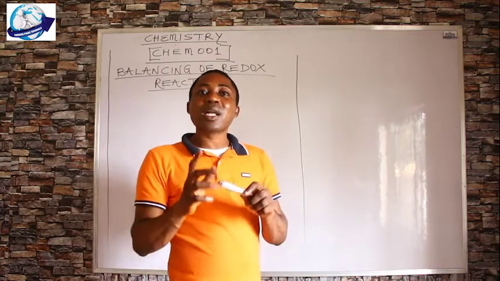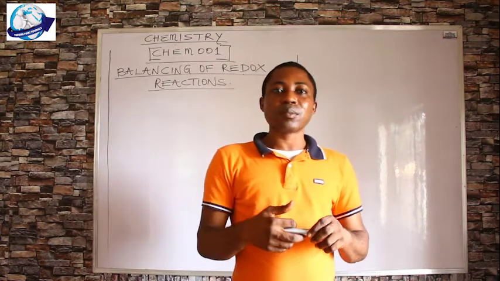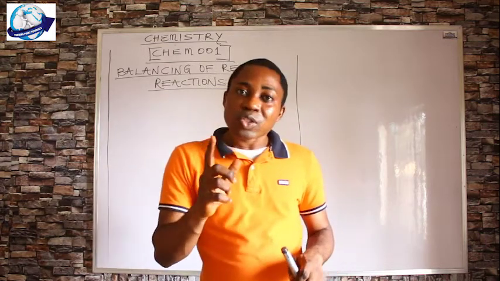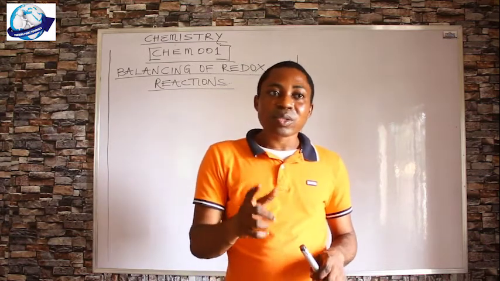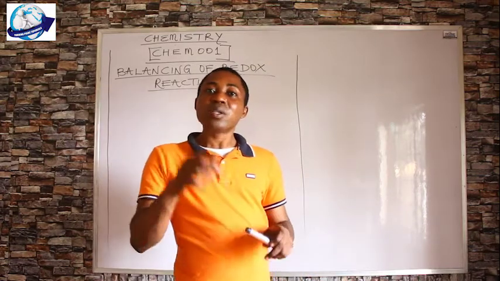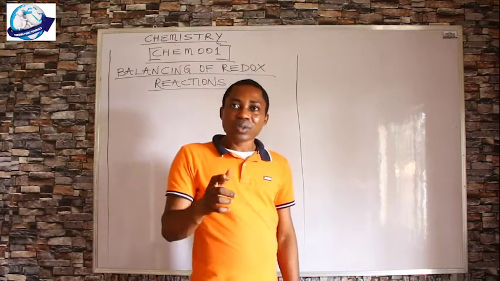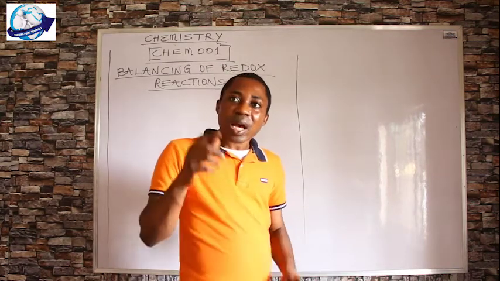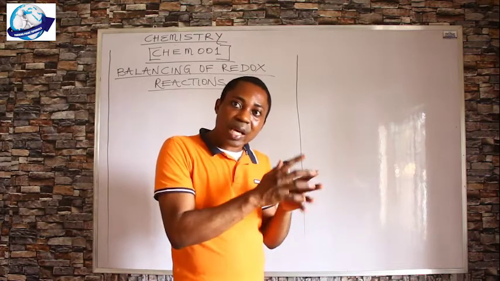If you are to balance it in acidic medium, then one H2O is used to balance each oxygen atom, and one hydrogen ion is used to balance each hydrogen atom on the deficient side of the equation.